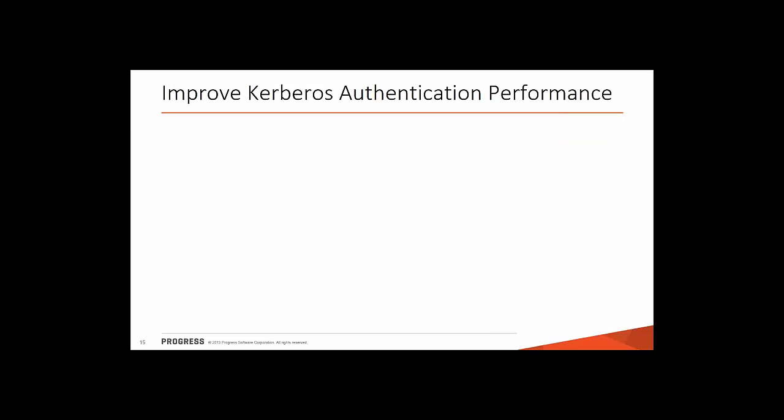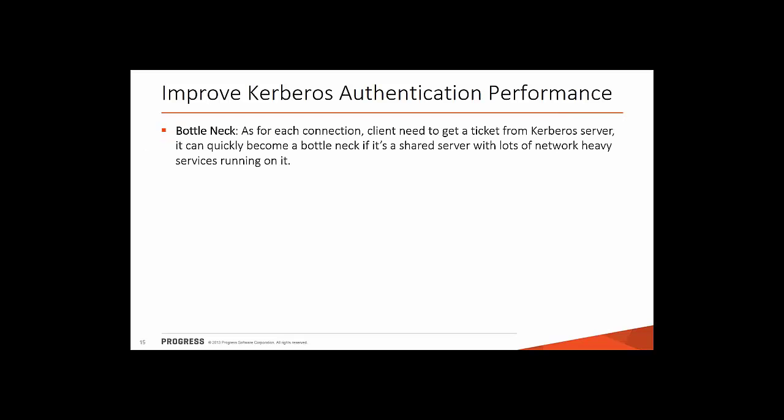Taking the case of Kerberos, usually the bottleneck in Kerberos authentication is the ticketing system. Your Kerberos server needs to create a ticket and give it to the client so that it can send that ticket to the server and get authenticated properly. So your Kerberos server becomes the bottleneck of the authentication performance.